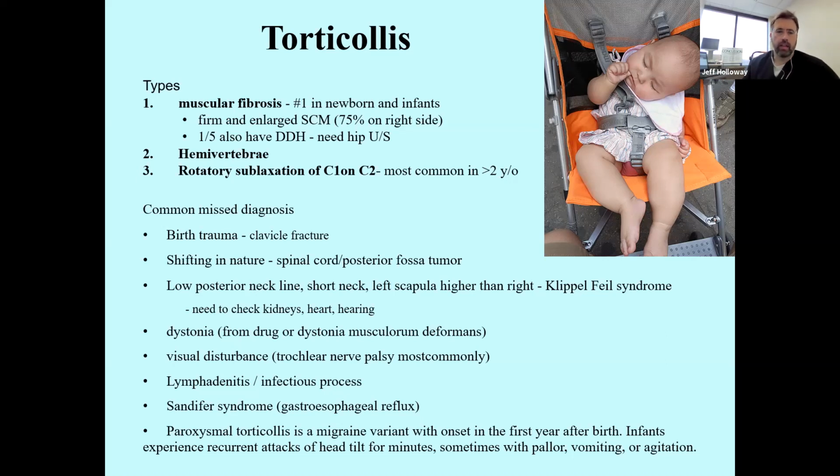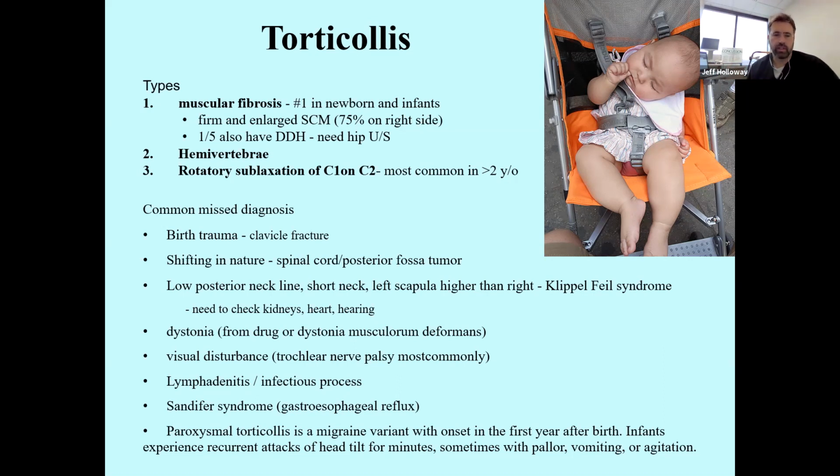And then there are other orthopedic type issues, and misdiagnoses where this could be something not just straightforward. So always think of the zebras here. That goes along with birth trauma, clavicle fracture where he's splinting because of the pain, and tumors in the brain causing him to have issues.